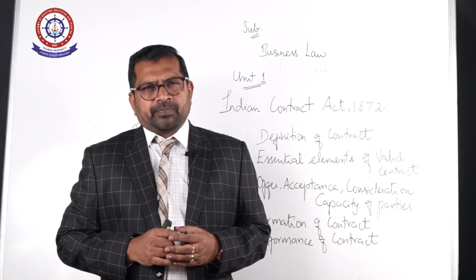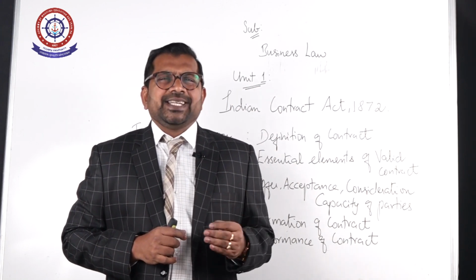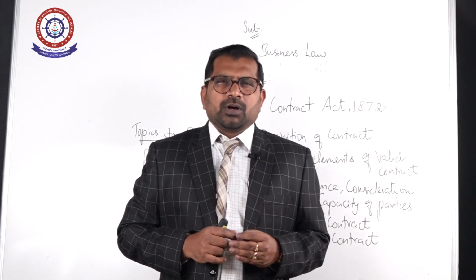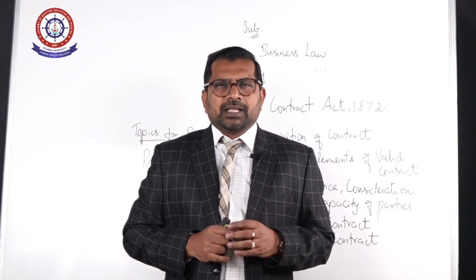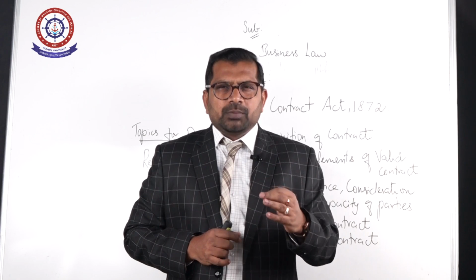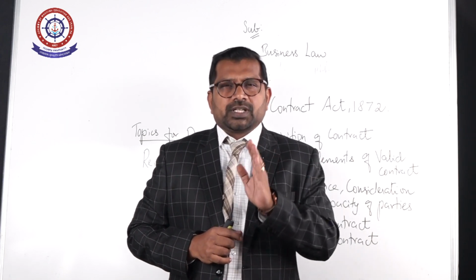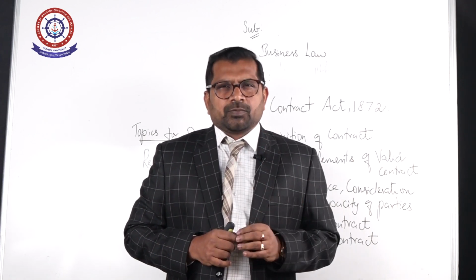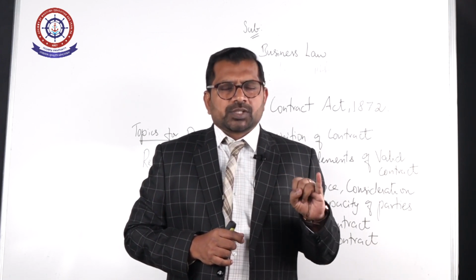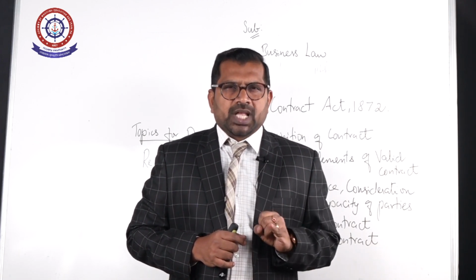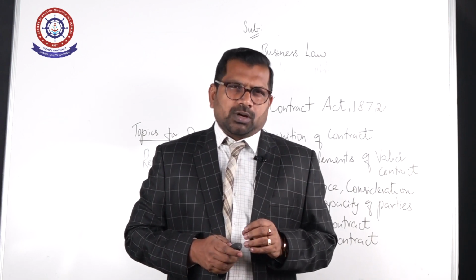For example, X sells his land to B for rupees 10 lakh under coercion, under threatening, then it is called a voidable contract at the option of that specific party. So under validity, we have now discussed two things: point number one, valid contract, and the second one, voidable contract.